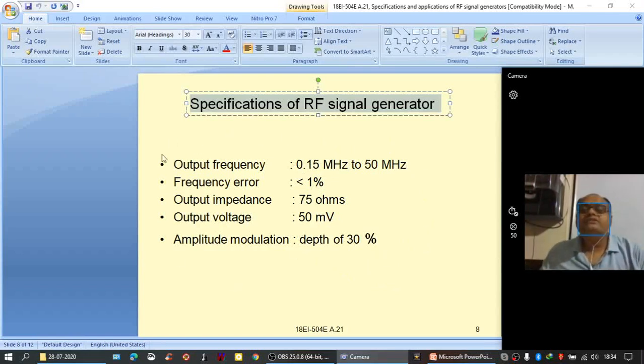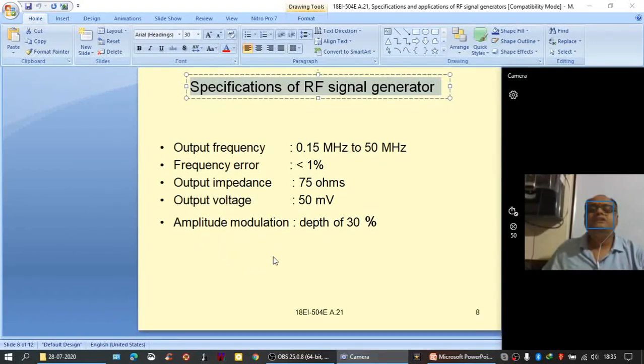Only the specifications are these things. What we have to check is the output frequency and error in the output frequency, what is the output impedance, what is the output amplitude, and what is the modulation depth, amplitude modulation or frequency modulation.